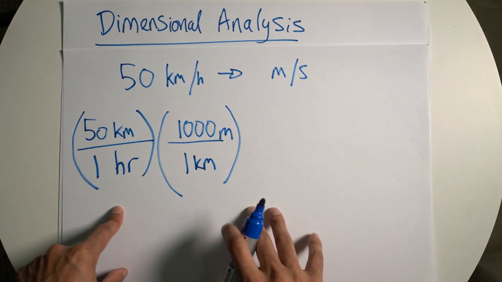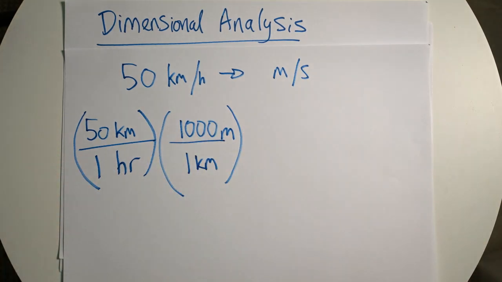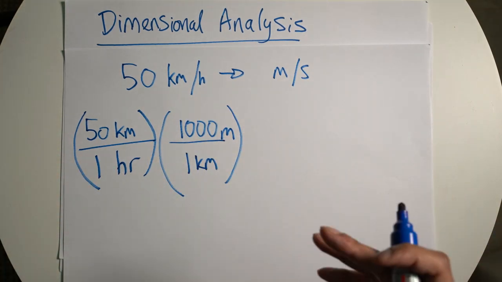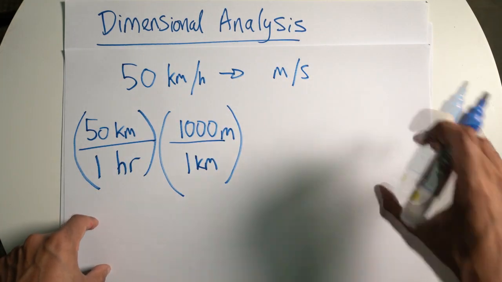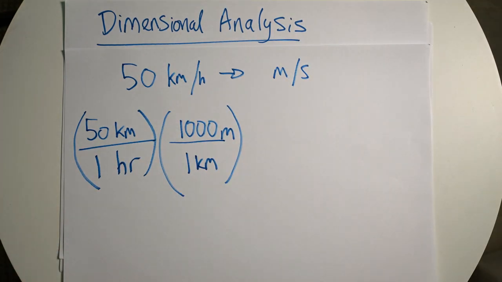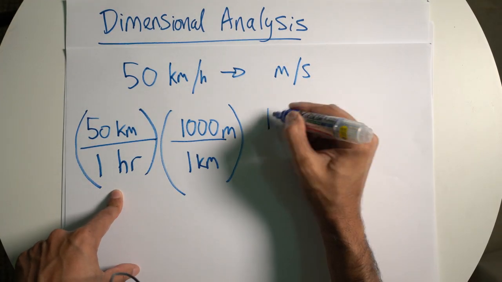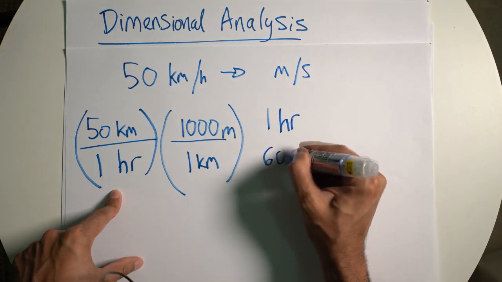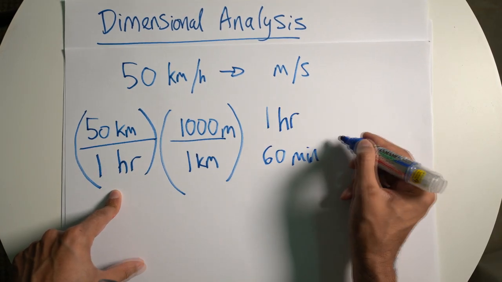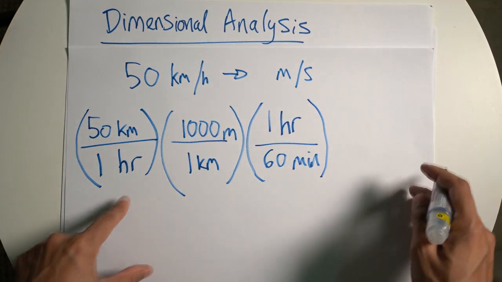Now, if we work it out, it's going to give us meters per hour, but we don't want meters per hour. We want meters per second. So we need a separate other conversion on the side over there. So let's put 1 hour up here. And in 1 hour, we have 60 minutes, okay? Like this.